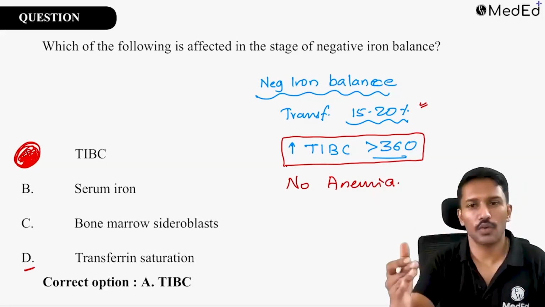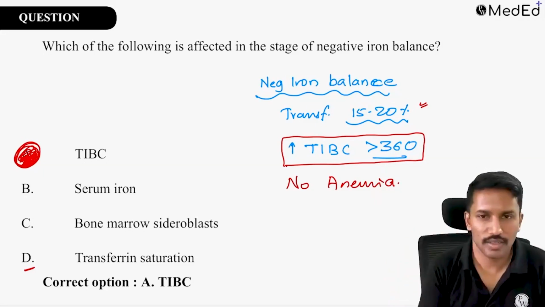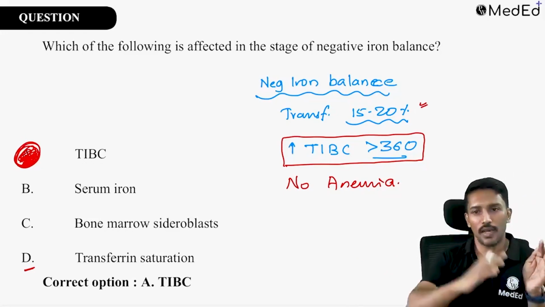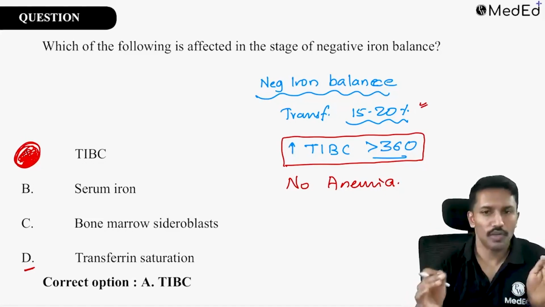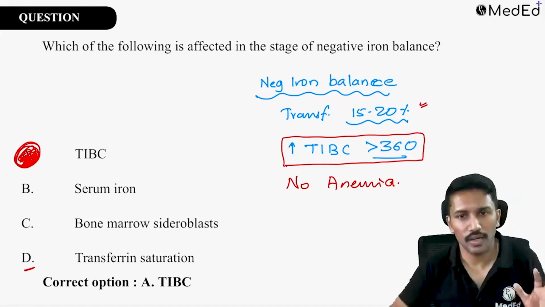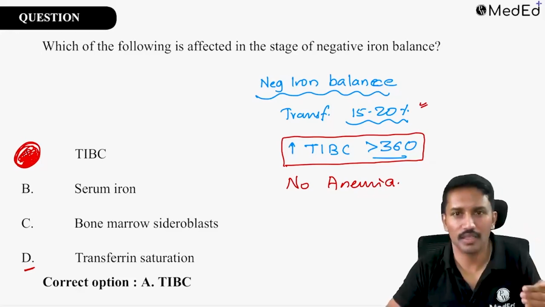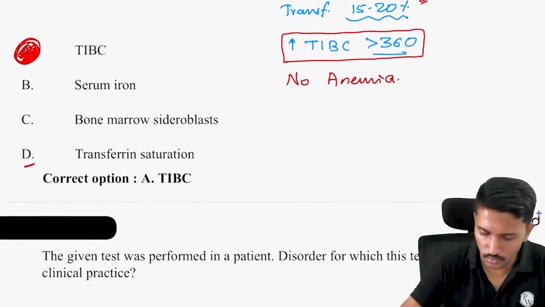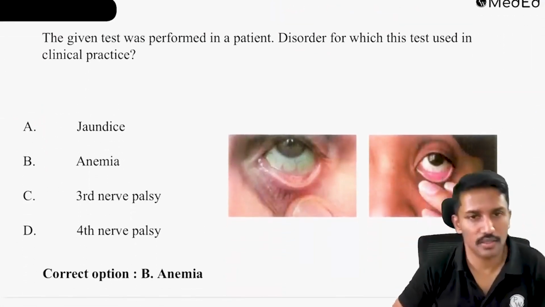Now from there we progress to impaired erythropoiesis and eventually we develop the microcytic hypochromic anemia. So when iron deficiency happens, the microcytic hypochromic anemia is the end of the spectrum. Before that, we will mainly have the negative iron balance, then impaired erythropoiesis, and then finally anemia. Okay, so option A becomes the right answer here.